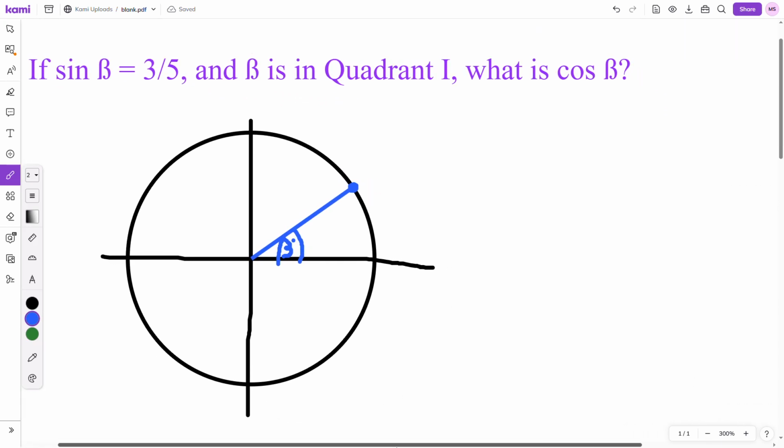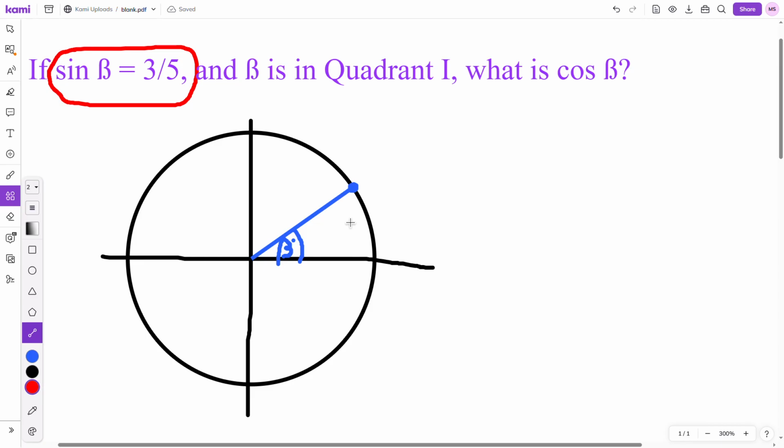Let's zoom in even more and think about how we can figure out the cosine. Seems like we don't have a lot to go on. So the sine of beta is 3/5. Remember that in a unit circle, the sine is the y value of the coordinate. So the height from this coordinate to the x-axis is going to be 3/5.